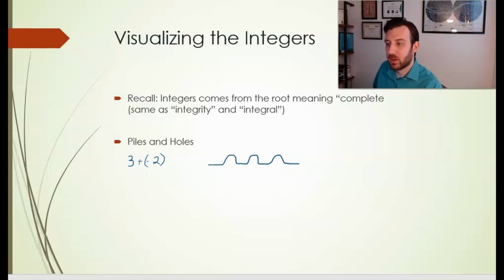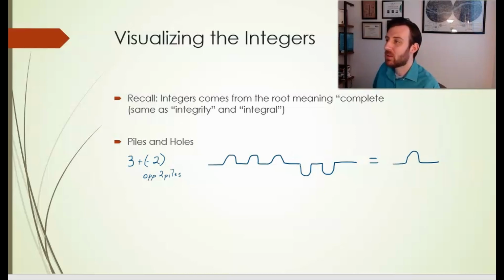We're going to add the opposite of 2 piles. Well, what would the opposite of 2 piles be? 2 holes. So we'll put 2 holes in our sandbox. Now we can look at this sandbox as having the equivalent amount of sand, the same amount of sand, as a sandbox that had only 1 pile.